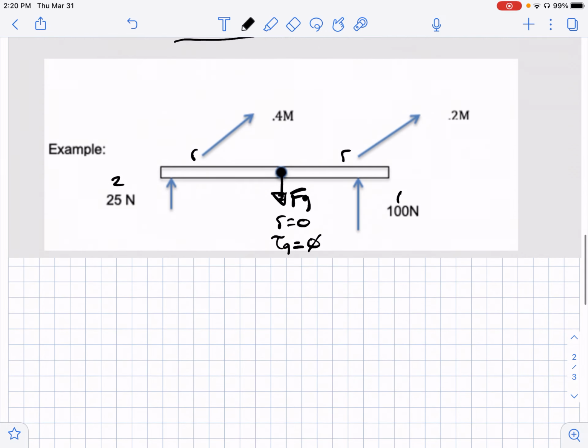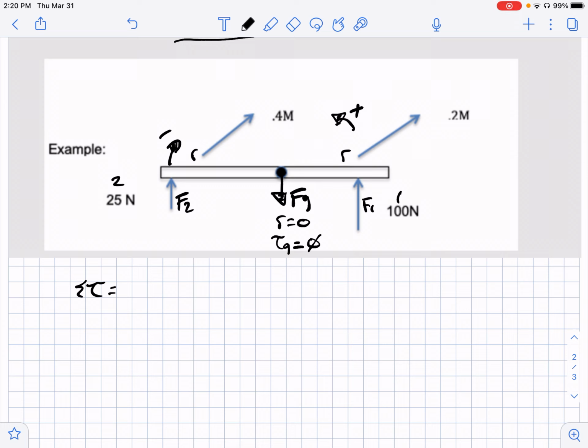Let's build our net torque equation like we did last time. The net torque on this object equals, for the first force F1, it's pushing up on the object, so it causes it to rotate counterclockwise, which means it's positive. The other force, F2, is pushing up on it, so it causes it to rotate clockwise. That's my negative one.